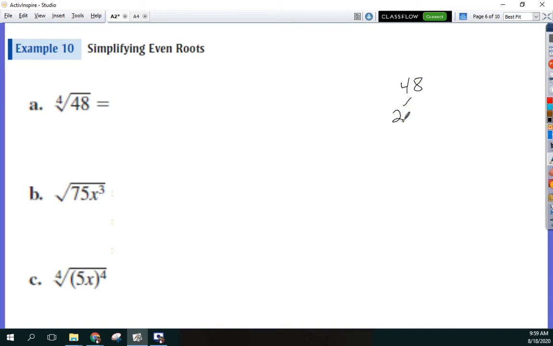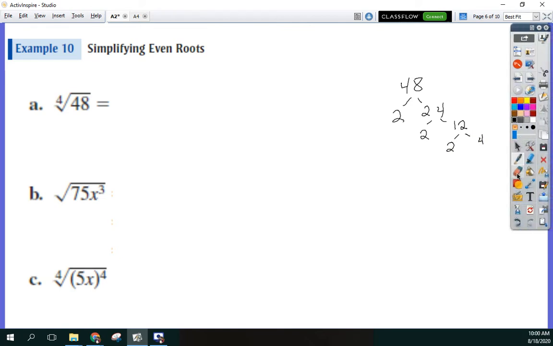If we divide 48 by 2, we get 24. Well, 24 is not a prime factor, so we know that we can look at the factors of 24. So we get 2. And dividing 24 by 2, we get 12. Again, 12 is not prime, so we're looking at the factors of that. We get 3 and 4.